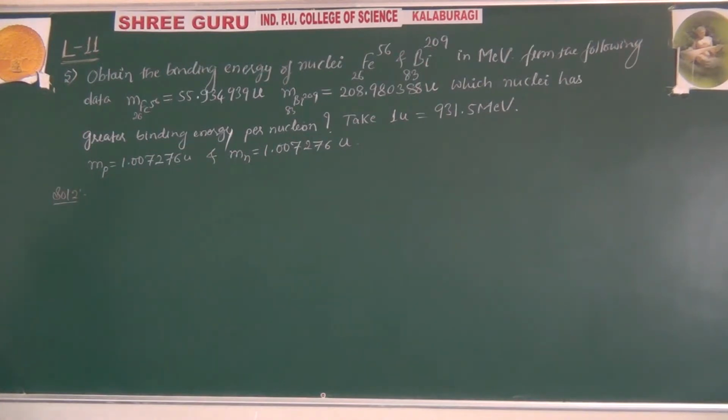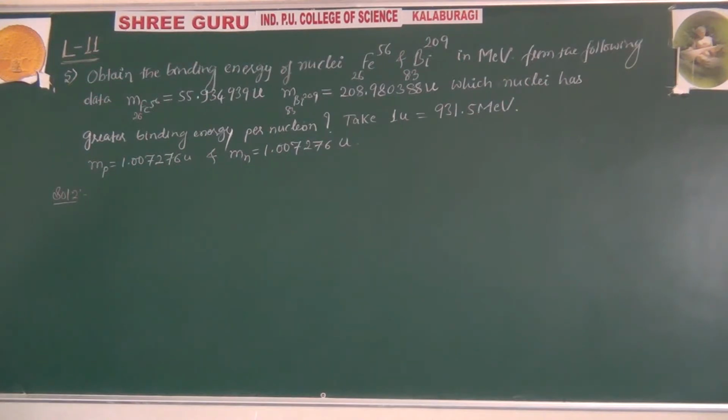Here is the question. Obtain the binding energy of the nuclei iron 56 and bismuth 209 in mega electron volt from the following data. The mass of iron and the mass of bismuth will be given in terms of atomic mass unit.